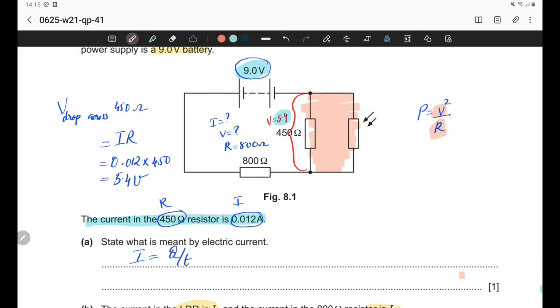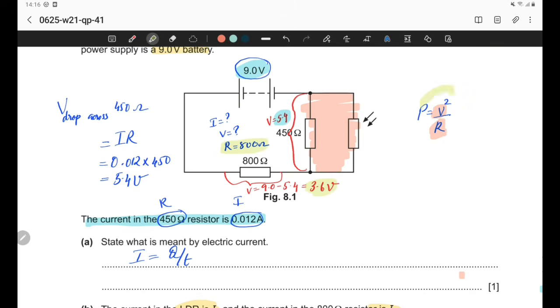So the remaining voltage will be across 800. That voltage must be 9 volt minus the voltage drop across the other components in the circuit. So we will get 3.6 volt. So we have voltage 3.6 volt here, and we have resistor 800.